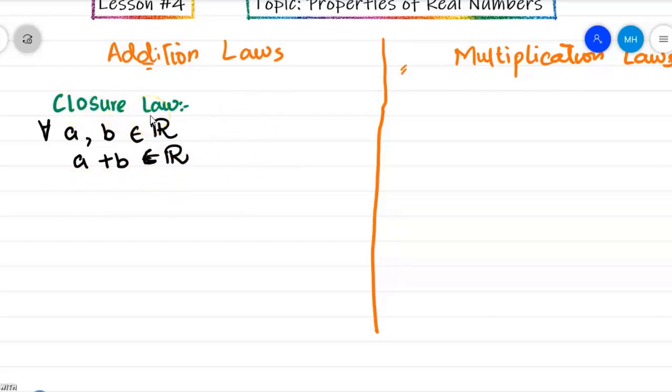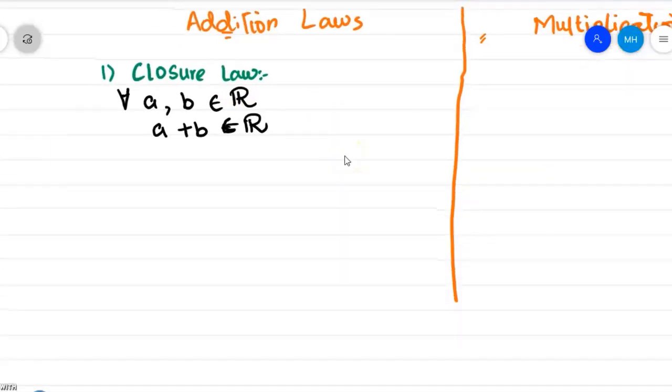So we can say that A and B have the closure property, or the set has the closure property under addition. Now the second property we have is the associative law.